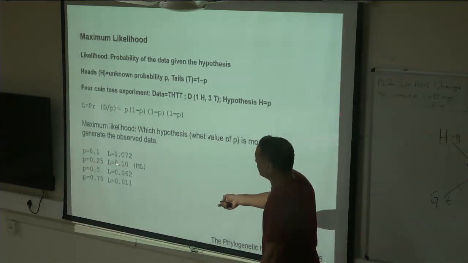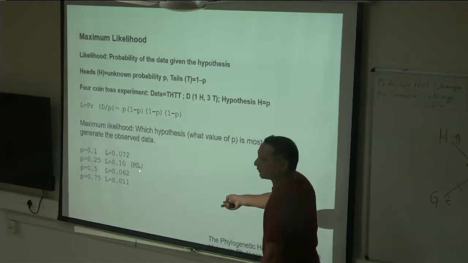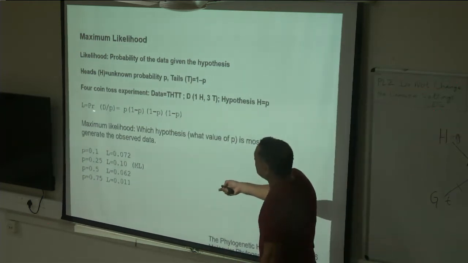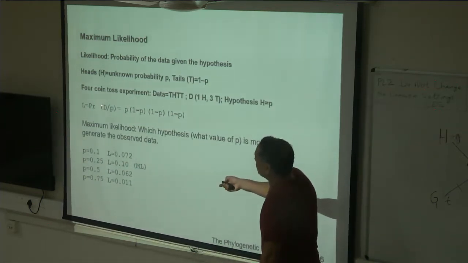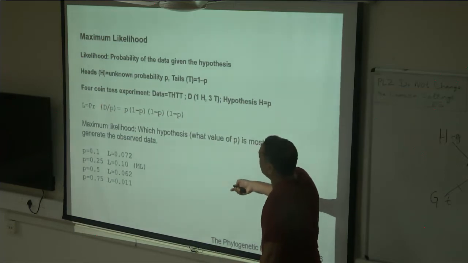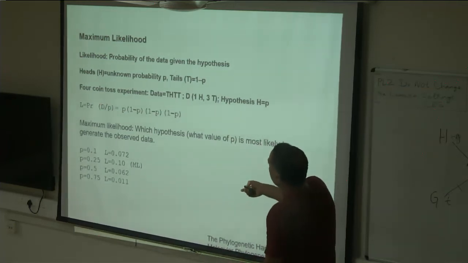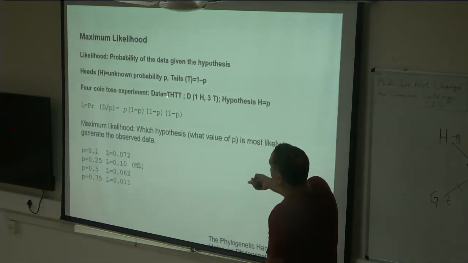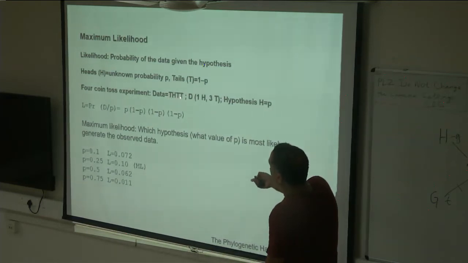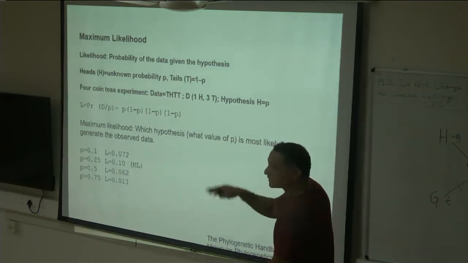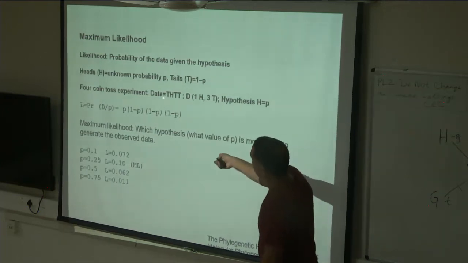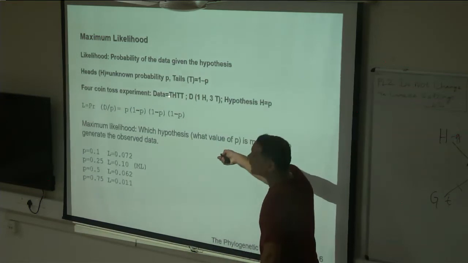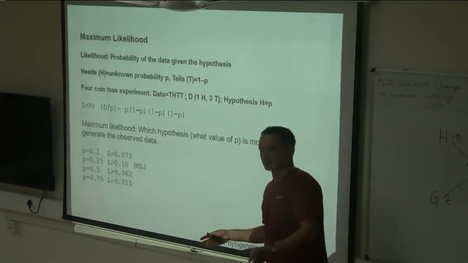So that's your maximum likelihood. And how do you calculate it? It's basically the probability of the data given the hypothesis. The sequence in which these outcomes appear is not of concern to us.